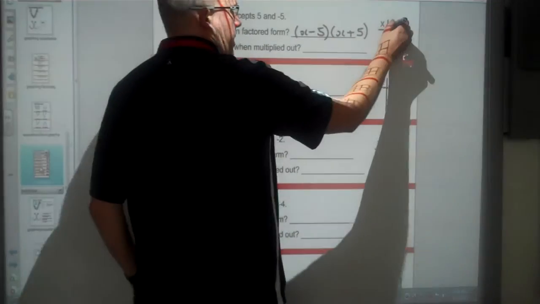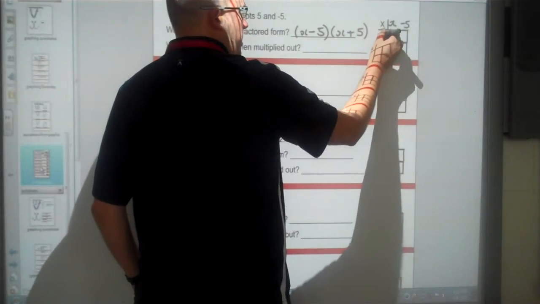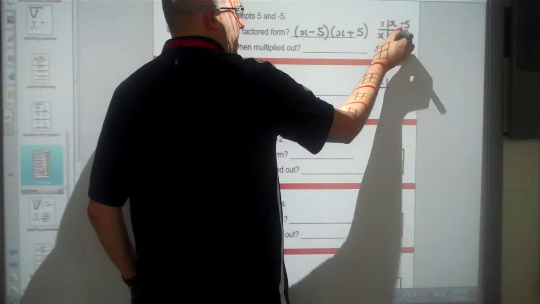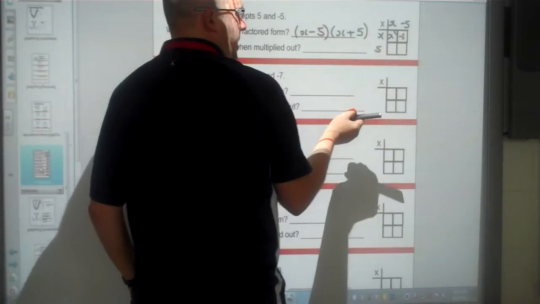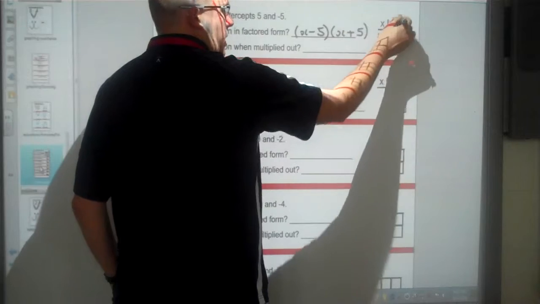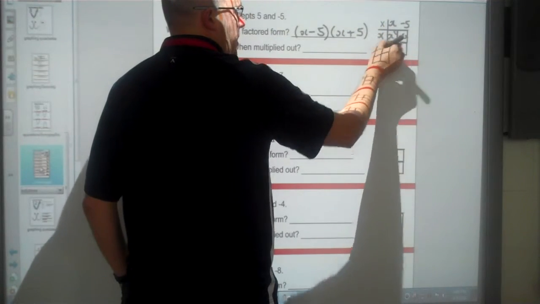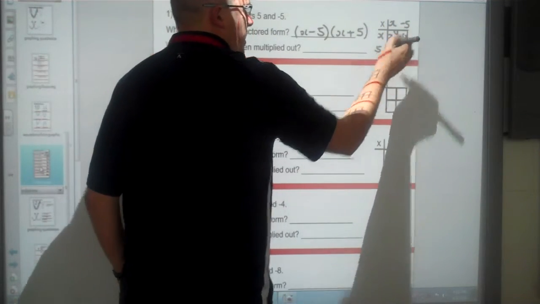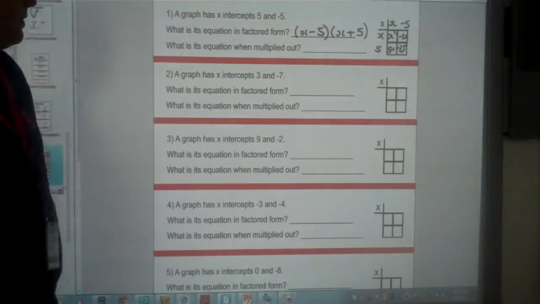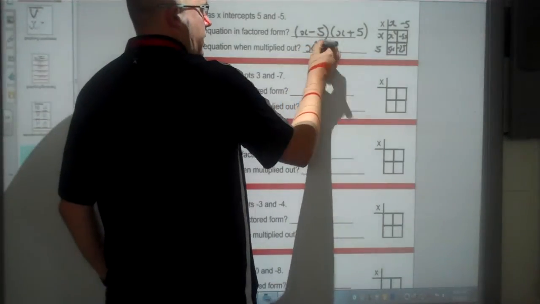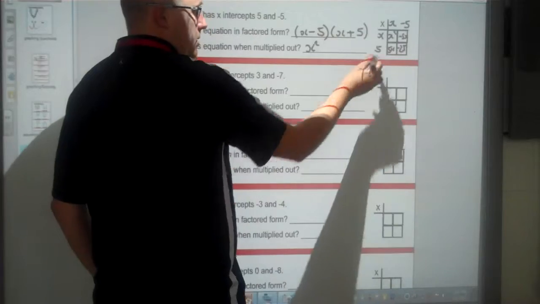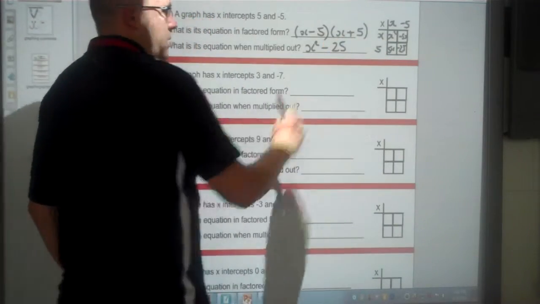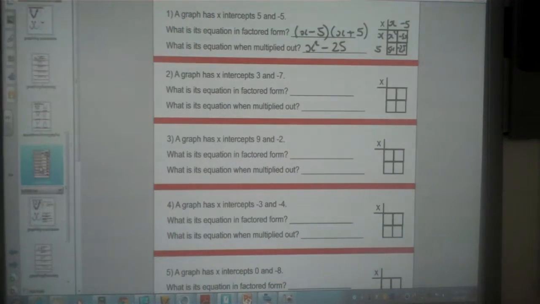Now I left room over here to work out what this is going to give us. So x times x is x squared, x times -5 is -5x, 5 times x is 5x, and 5 times -5 is -25. And then if I simplify all this, x squared, -5x take away 5x cancels. So I've got x squared minus 25.